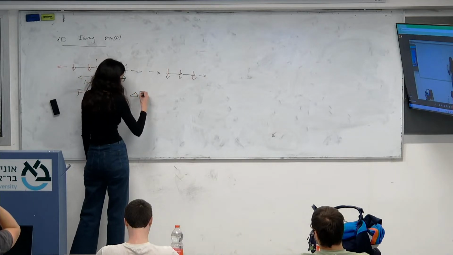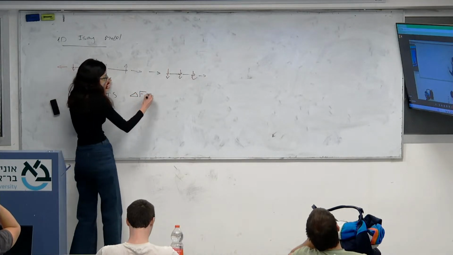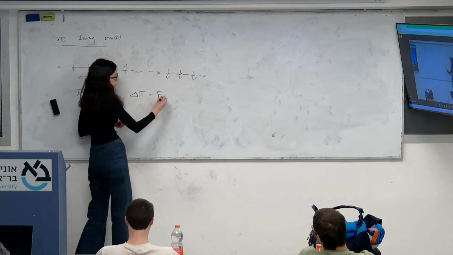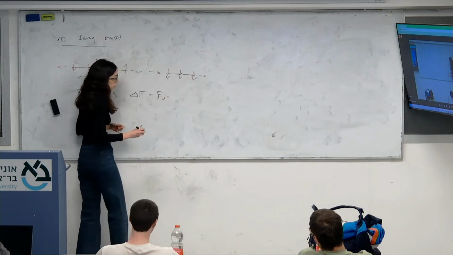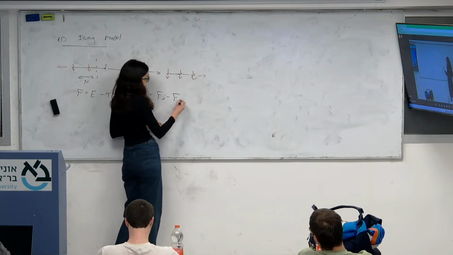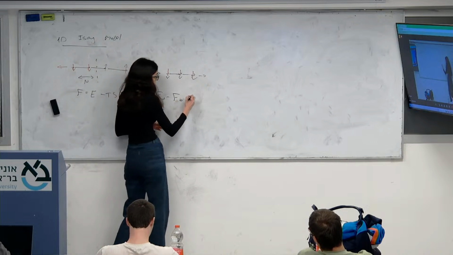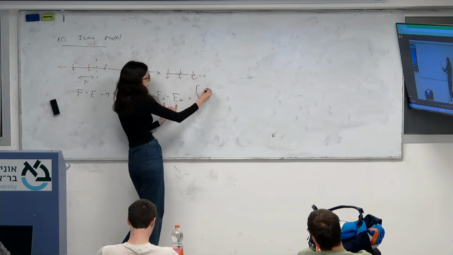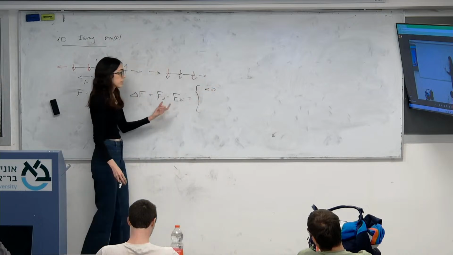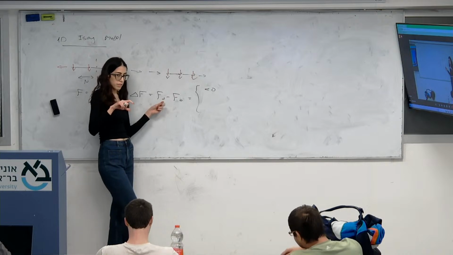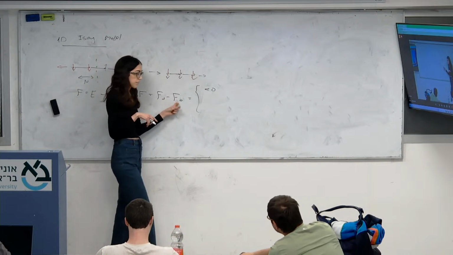The difference in the free energy: let's say the free energy of the disordered case is Fd, minus the free energy of the ordered case, Fo. If that is smaller than 0, it means that the disordered case has lower free energy than the other case.